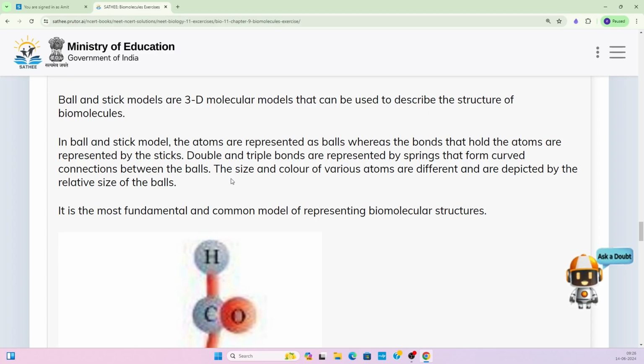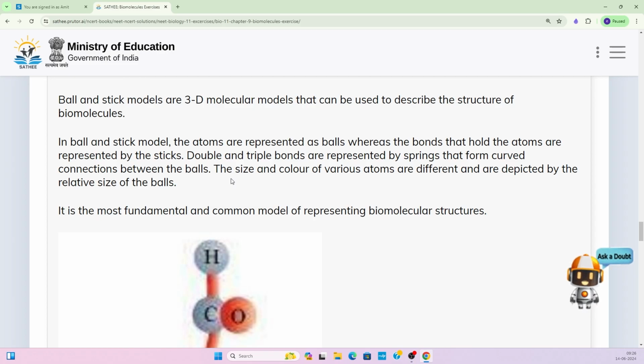So the size is different, and the color showing a particular atom is also different. You can see the variation in the size and color of the various atoms. You can see the bonding, right? The double bond, single bond, and triple bond can also be visualized with this ball and stick model.